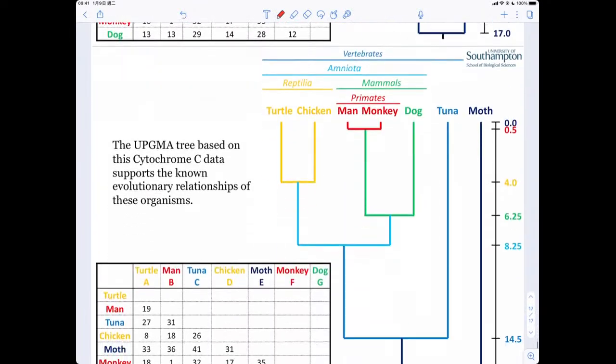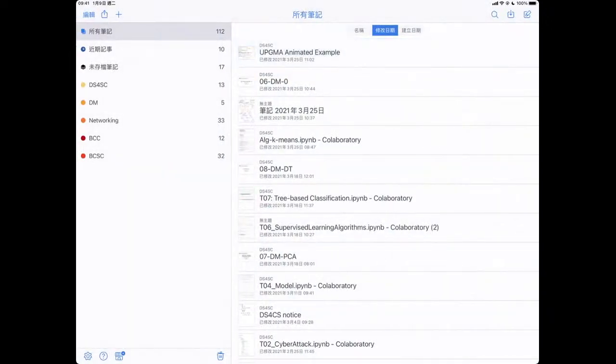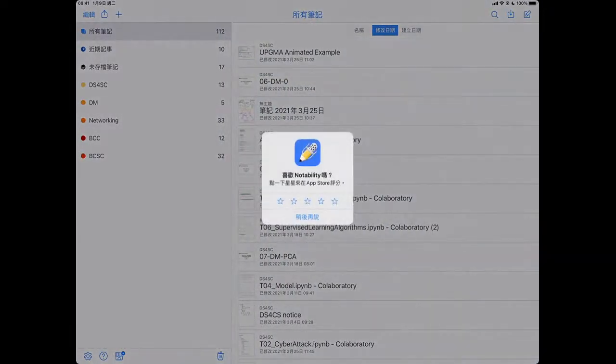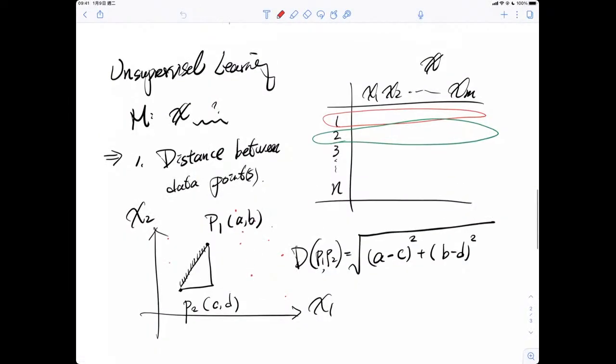You can apply this algorithm to all kinds of data like this. The data has no target, but it has several different features, and you can use these features and a predefined distance function to make a distance matrix.